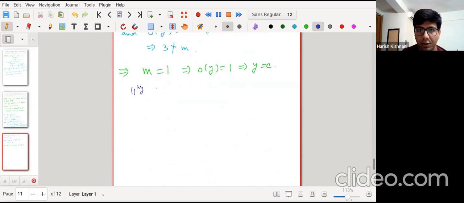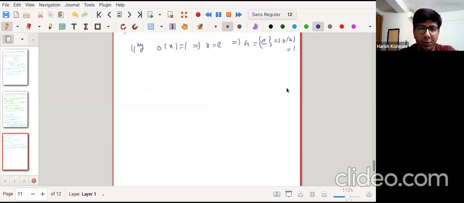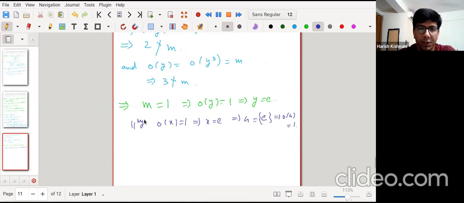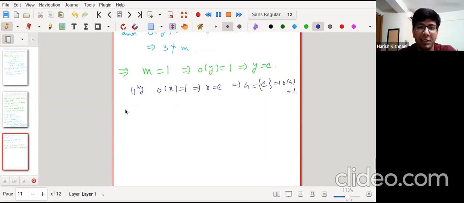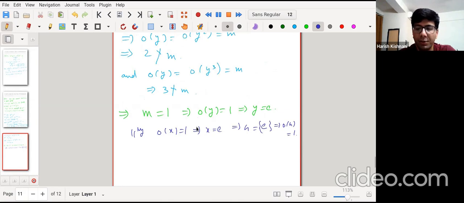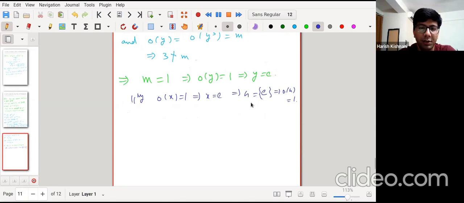The order of x is identity, and that implies x is identity. You will get G to be identity, just the trivial group, and then the order of G is 1. Only catch here is to prove this. You try it on your own, because 2 and 3 generate the entire group of integers, and that should somehow help us.